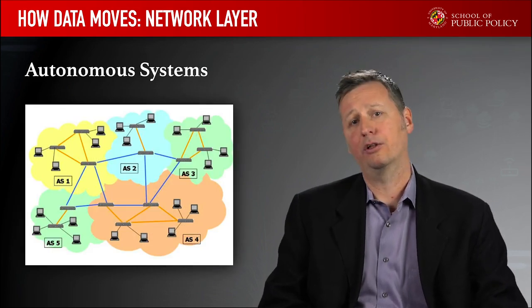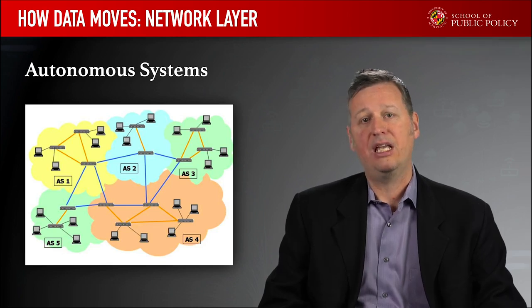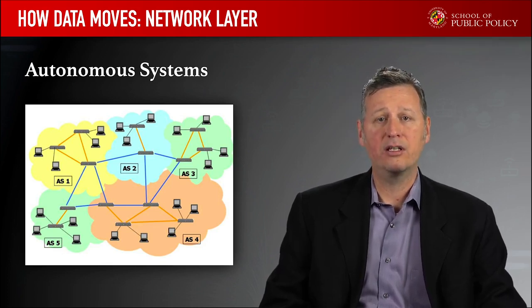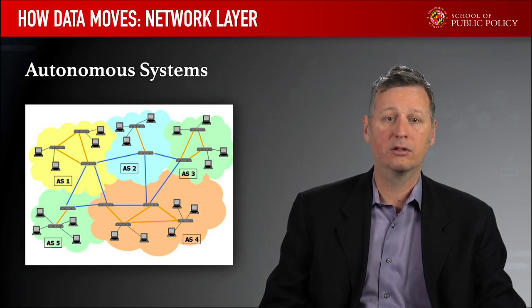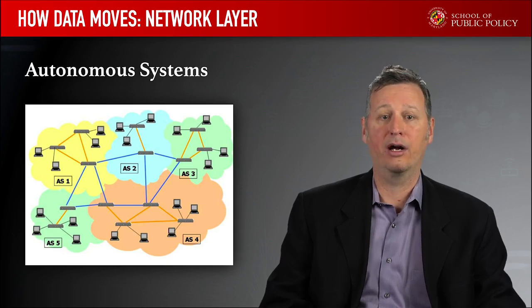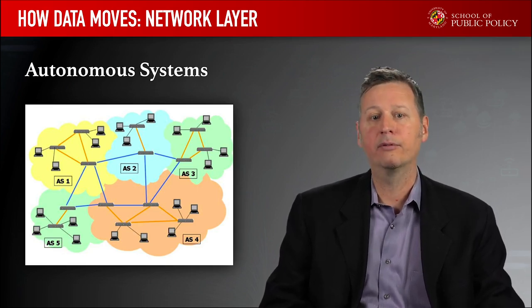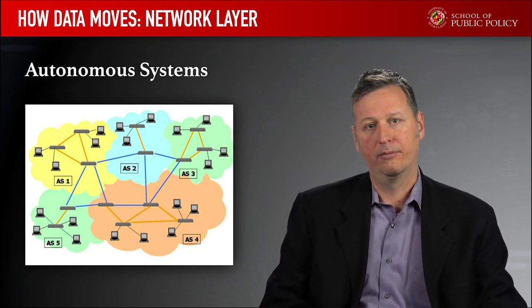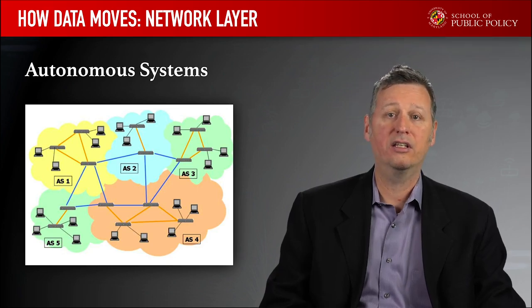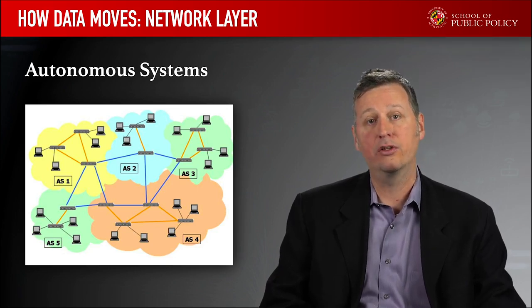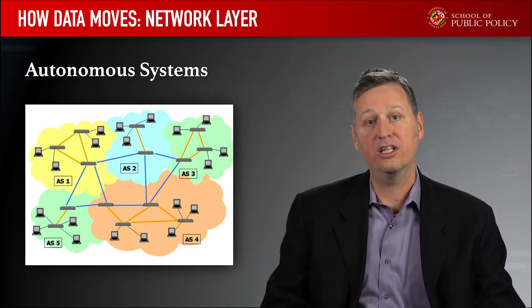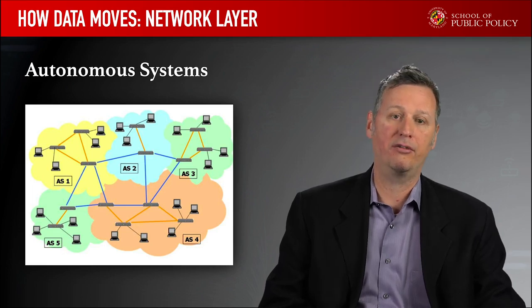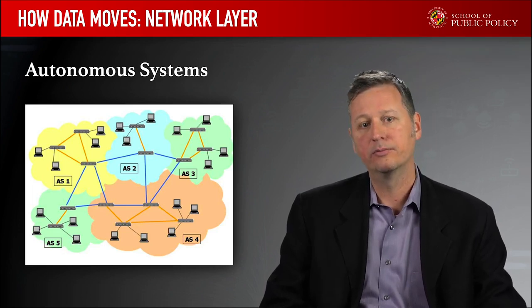So what does that actually look like? Well, in this diagram, we have a very simple model with a variety of different independent networks. They're broken up by their AS number, AS 1, 2, 3, 4, 5. And you'll notice that they're color-coded. The color represents the different organizations that manage those devices and the Internet protocols associated with each of those particular devices, those IP addresses.